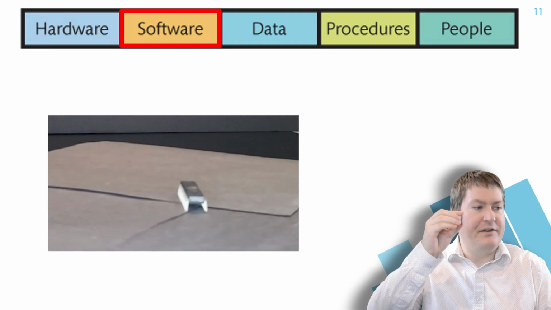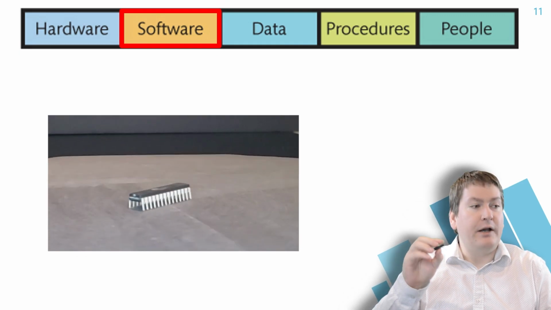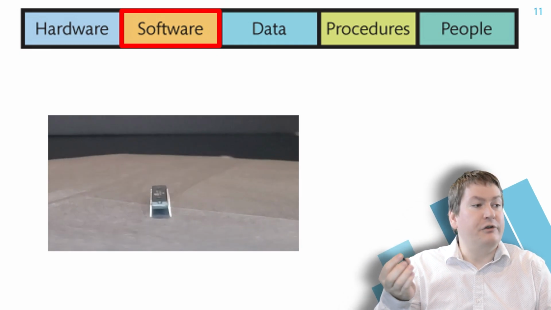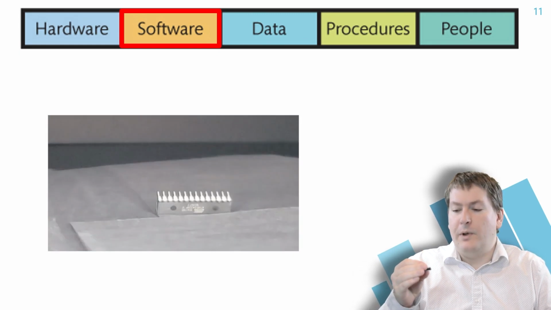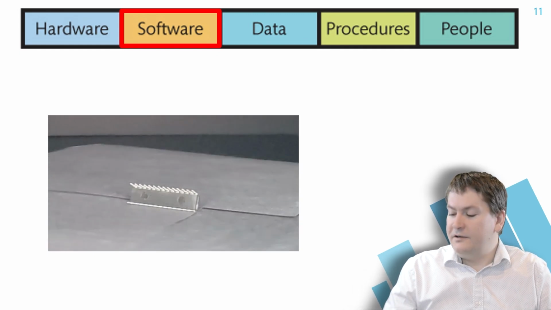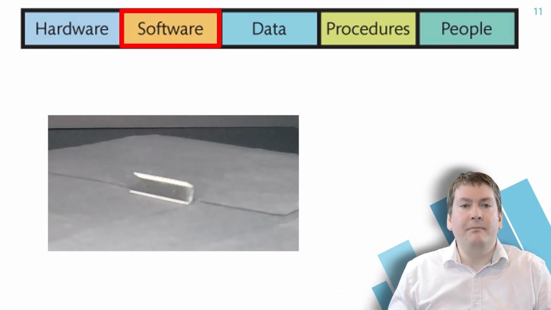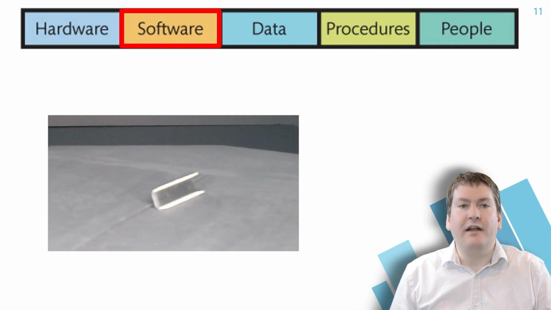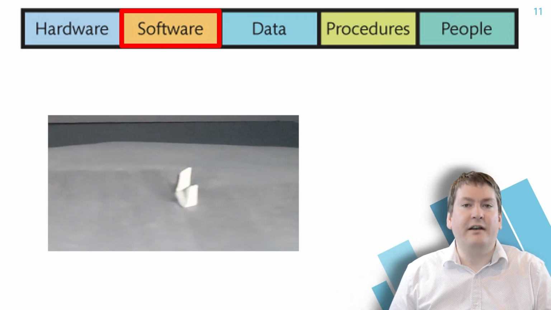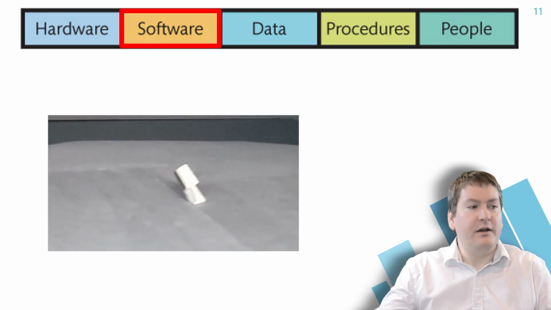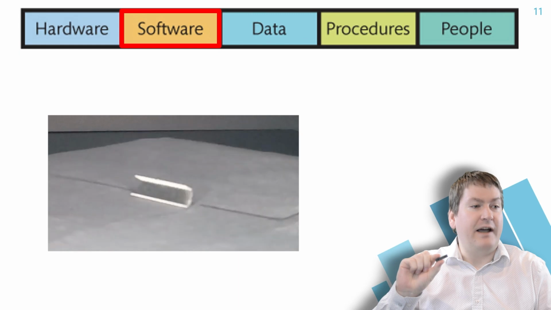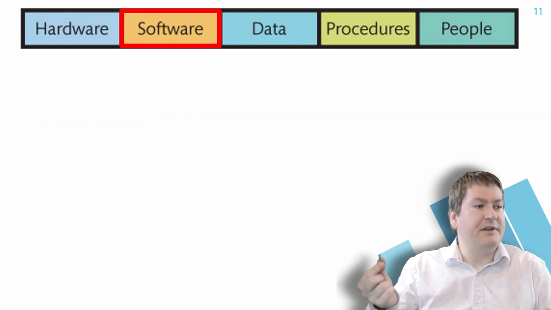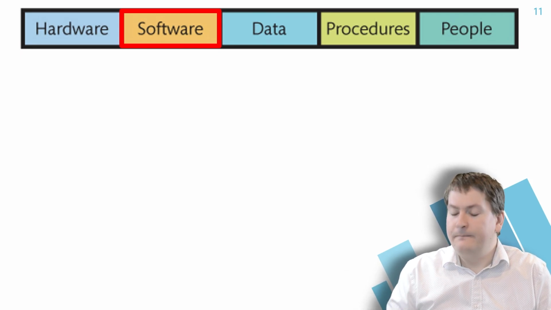This one might be a bit hard to see, but it is an ATmega microcontroller, which is programmable, usually in the C or C++ programming language, and it's very popular with hobbyist developers because it's very easy to program and it can be used in things like robots and IoT devices, like turning a light switch on and off. It's not going to be as full-blown as a computer in terms of what it can do, but it can handle simple tasks like turn on a light switch when I receive a certain signal, or make the robot drive forward when I receive a certain signal.